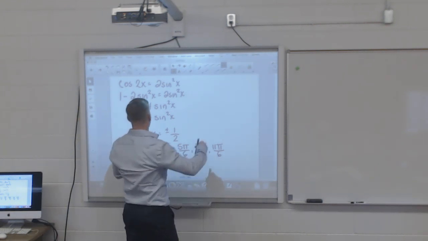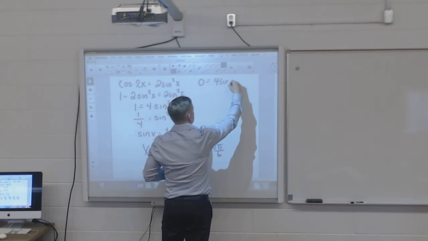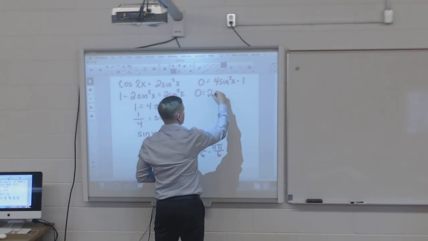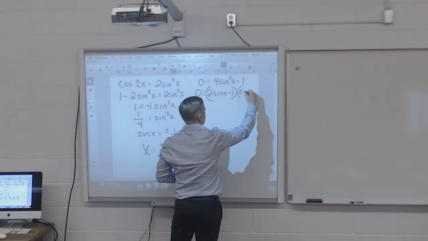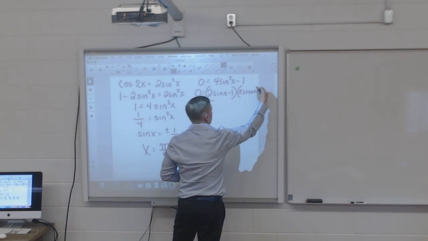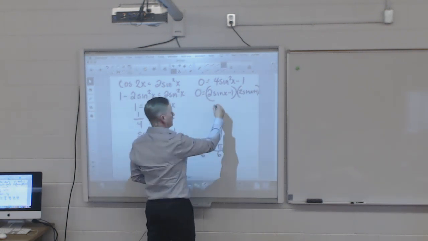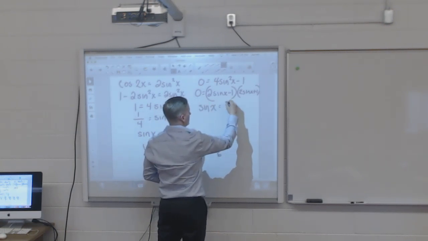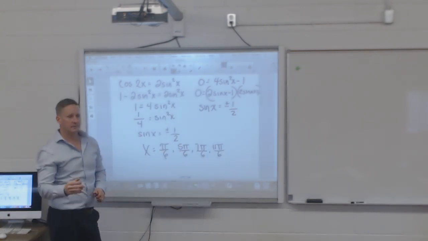I would get 0 equals 4 sine squared x minus 1. 0 is equal to 2 sine x minus 1 times 2 sine x plus 1, just like that. That's fine. In fact, I'd encourage you to do that. So sine x is equal to, again, plus minus 1 over 2. So that works too. That's very good.